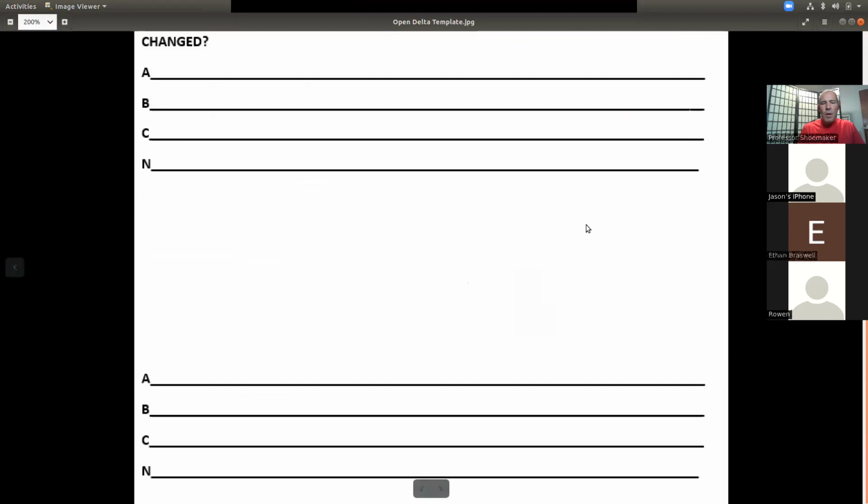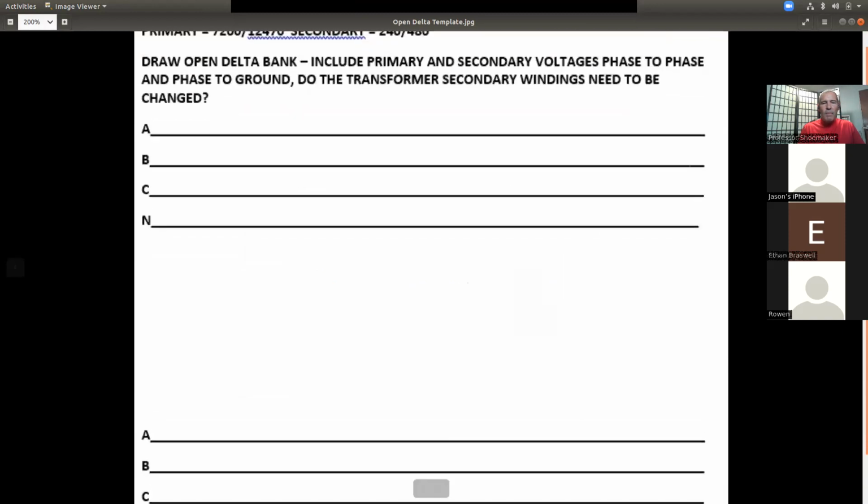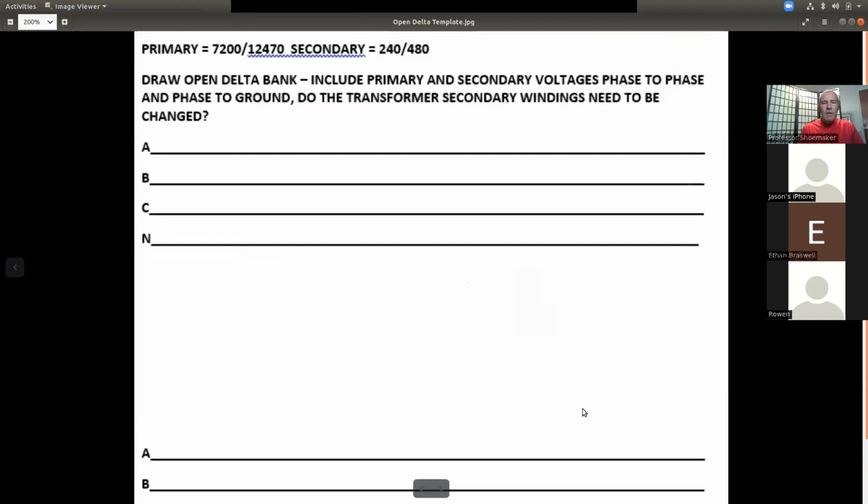So wherever you draw in, and they use C for open delta as their power leg, what would C to N be? If my single phase is 240, what's my power leg voltage going to be? Go ahead and do the math. 415.8, so 416. There you go. Okay, you guys are getting a good gist of this here.